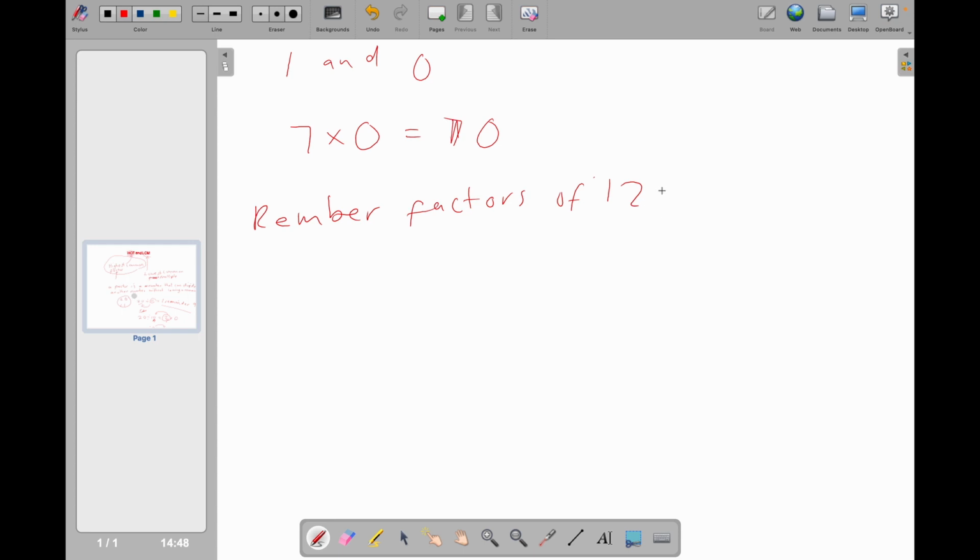We can present this like this: factors of 12. And what are the factors of 12? Factors of 12 are 1, 2, 3, 4, 6, and 12.